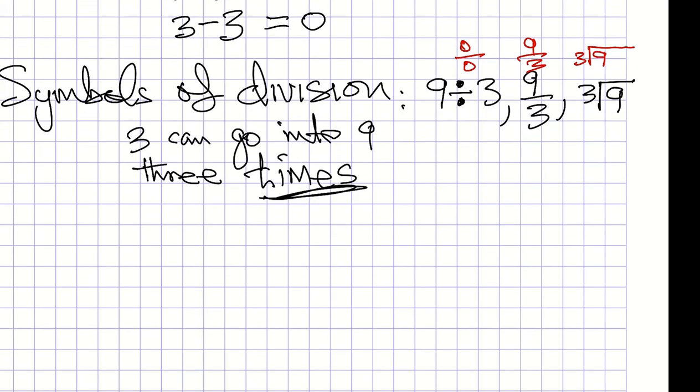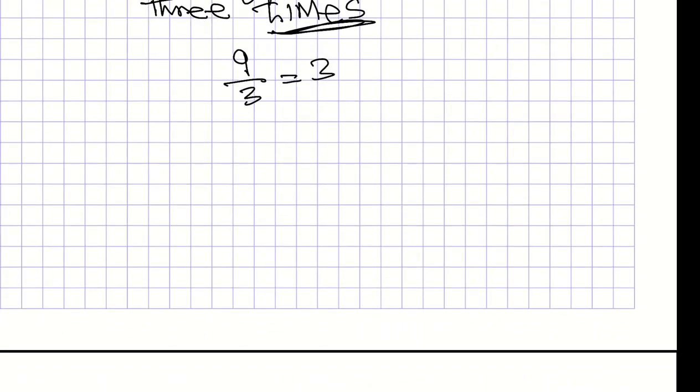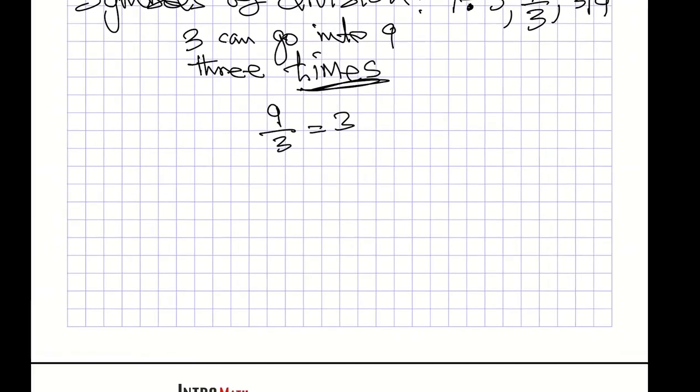Now notice that 3 can go into 9 3 times, right? Notice that if you divide 9 by 3, it will go 3 times. So what does that mean?